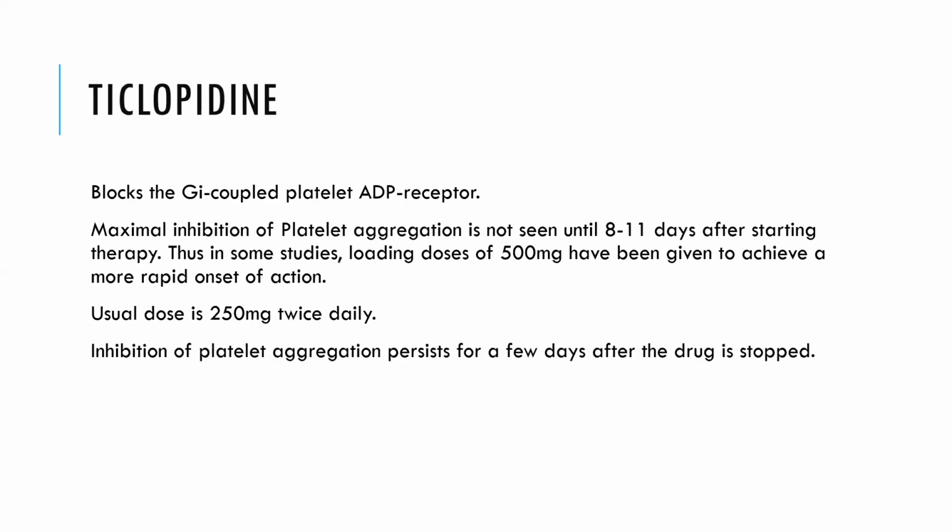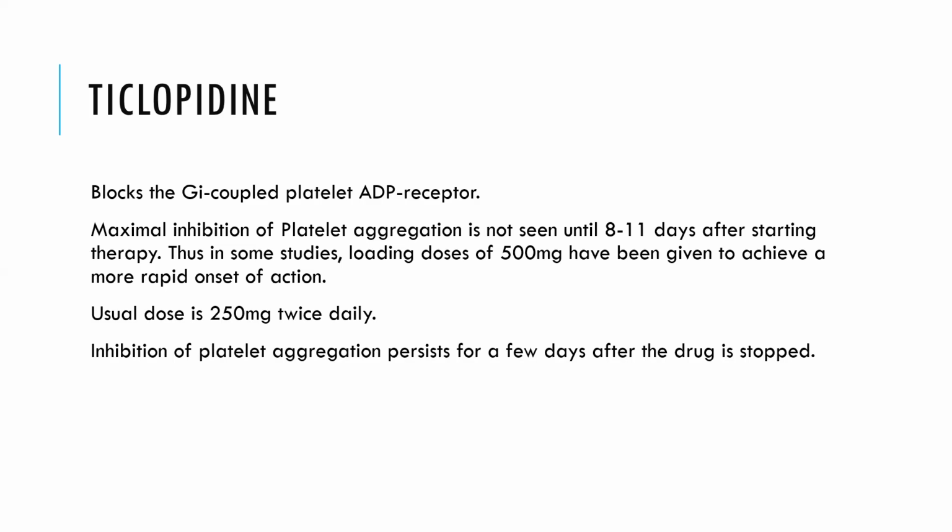They are G protein coupled receptors, particularly Gi, G inhibitory, and their maximum platelet aggregation inhibition is not seen until 8 to 11 days after starting therapy. In some studies, a loading dose of up to 500 milligrams has been given to achieve a more rapid onset of action. So they need to be given with a loading dose to achieve a faster onset of action.